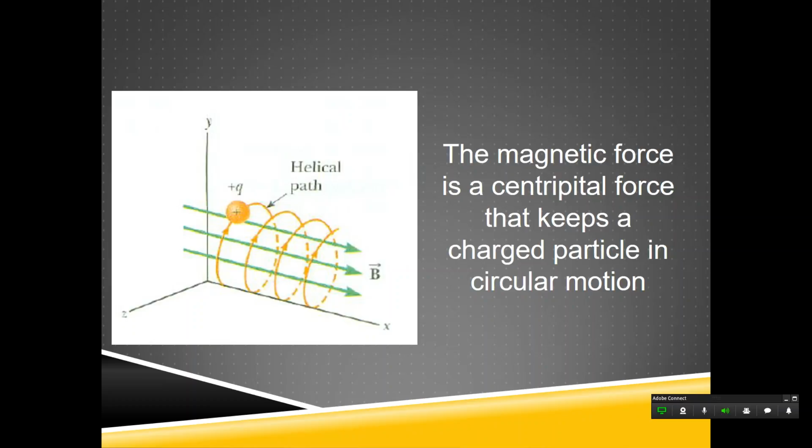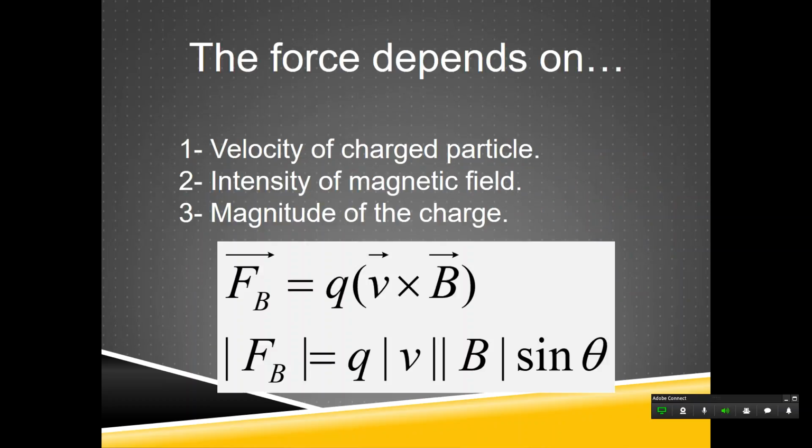All right, so now here is the actual mathematical relationship as you may have seen it in linear algebra. I'm sorry for having to drag math into this course, but that's the nature of physics. Math is at the heart of it all. So it's the cross product of the velocity vector with the magnetic field vector. You know what a cross product is, right?